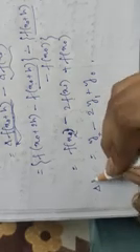Opening the bracket, we get f of x0 plus 2h, which we can write as f of x2, minus f of x0 plus h minus f of x0 plus h, that is 2 f of x1, plus f of x0. Now f of x2 means y2, so y2 minus 2y1 plus y0. This is the value of delta squared f of x0.